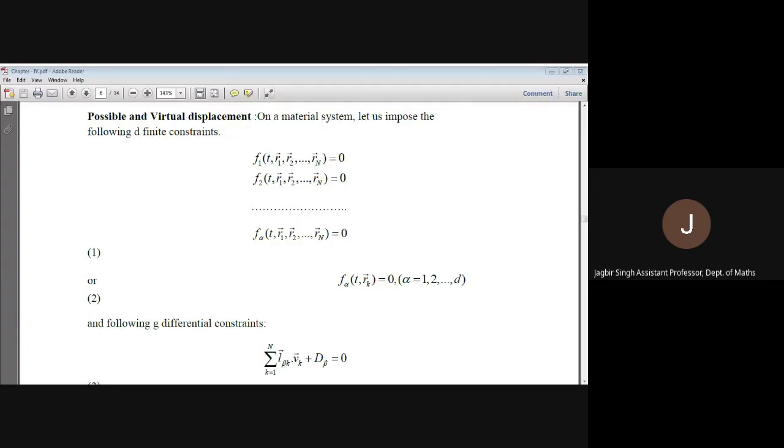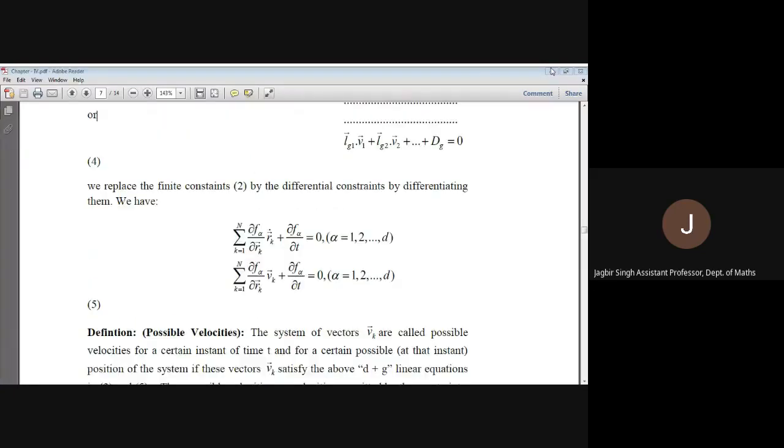Means when beta is 1, first constraint is there, when beta is 2, second constraint is there, when beta is g, gth constraint is there. In all, d plus g constraints are imposed. Out of these, d constraints are finite and g constraints are differential.